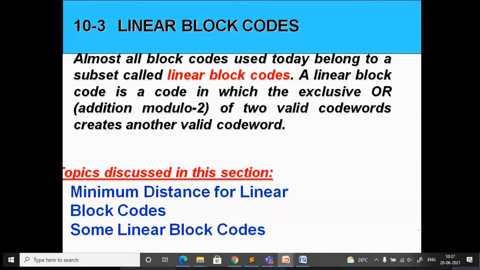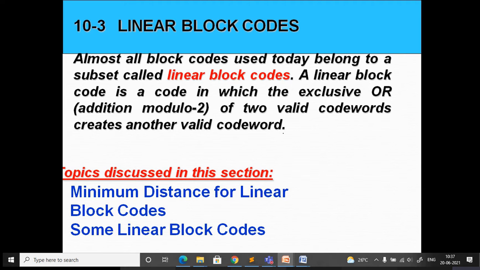Now in addition to that, we have one more concept in the same block code, the Hamming distance. That is called linear block code. Almost all block codes used today belong to a subset of linear block code. A linear block code is a code in which the exclusive OR, or modulo 2, of two valid code words creates another valid code word.